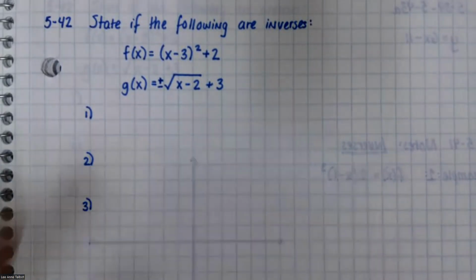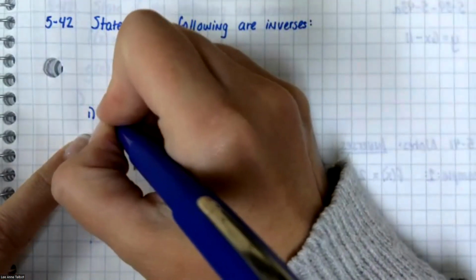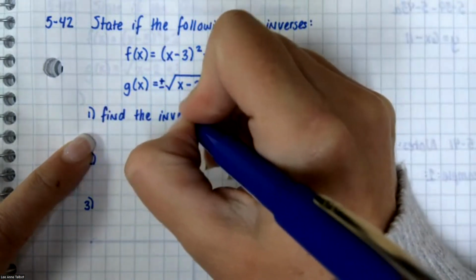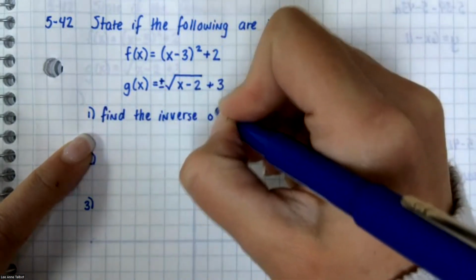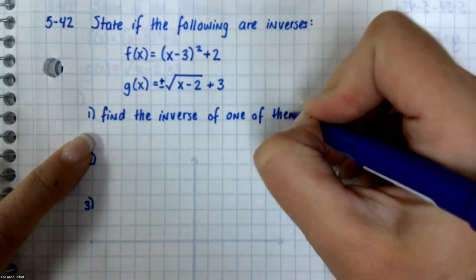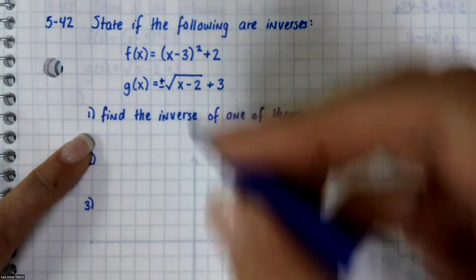The first method is find the inverse of one of them. So literally find the inverse equation of one of them.